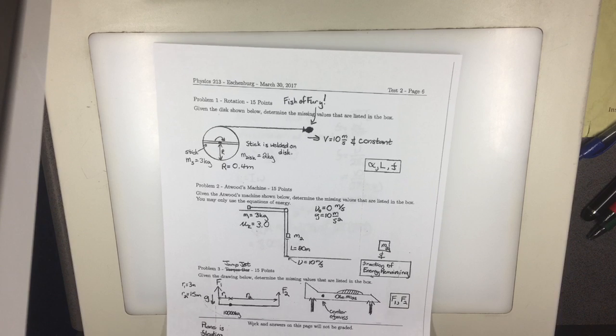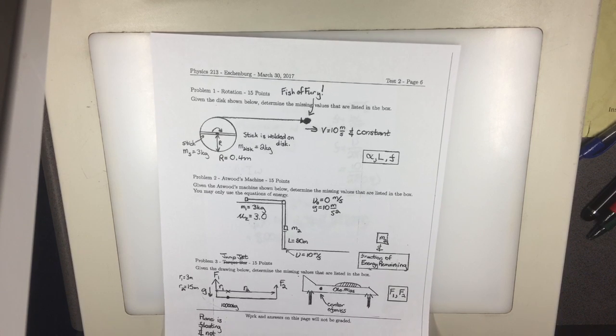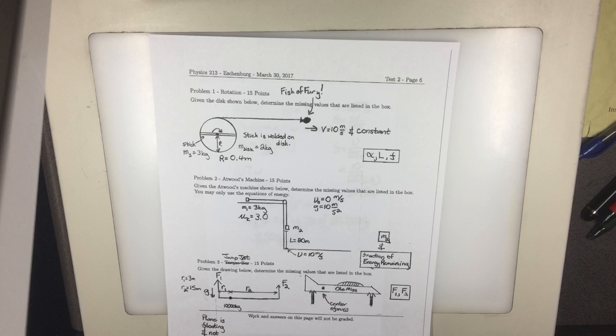So problem 2. I'm given that the initial velocity of the machine is 0. The coefficient of kinetic friction is 3, mass 1 is 3, and the hanging mass is unknown, and I'm looking for it.